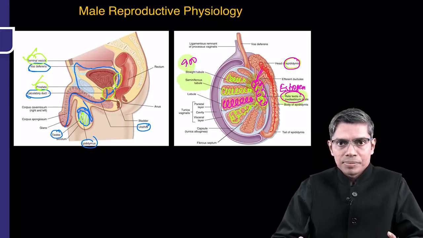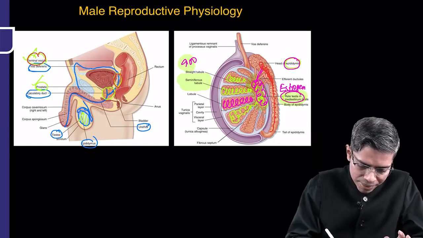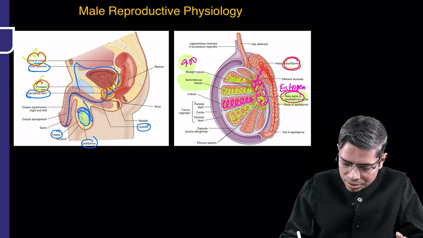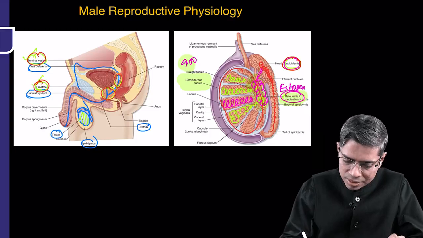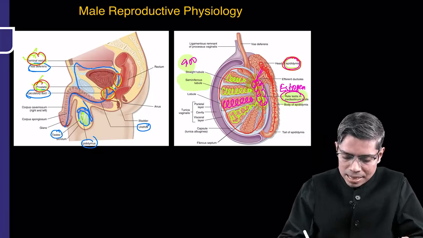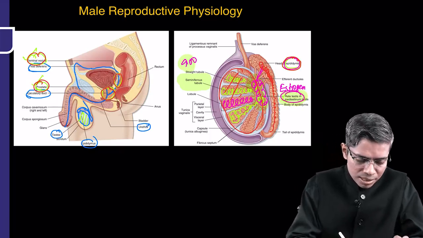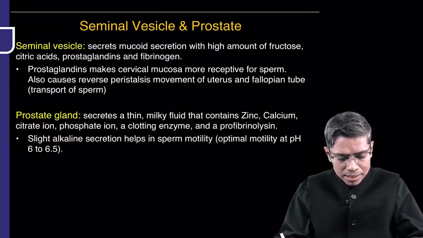So first of all, we are going to discuss the functions of this seminal vesicle and the functions of this prostate, and then we are going to discuss the functions of this epididymis, and then we will reach the level of this seminiferous tubule to understand how spermatogenesis, or the formation of mature sperm from spermatogonia, is happening at the level of these seminiferous tubules, right? So first, let's discuss the function of these two, right? So seminal vesicle and prostate.